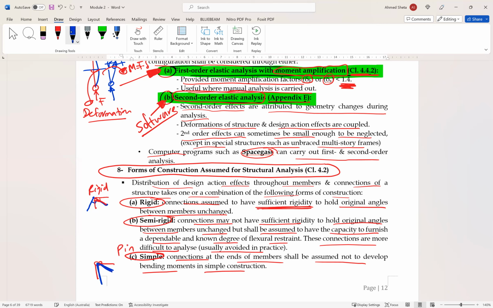As you can see, the angle was like a right angle, and after that it became different, it doesn't stay a right angle. So this is pin connection or simple connection.